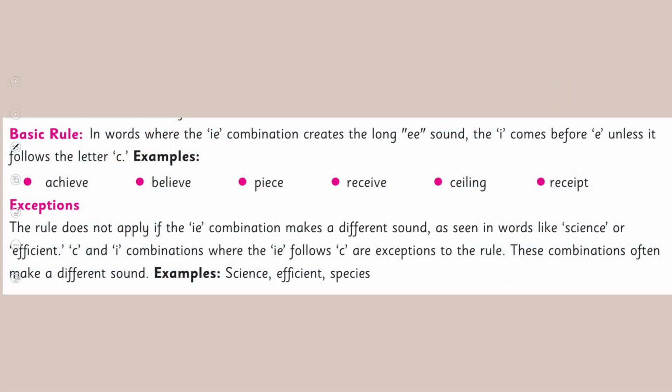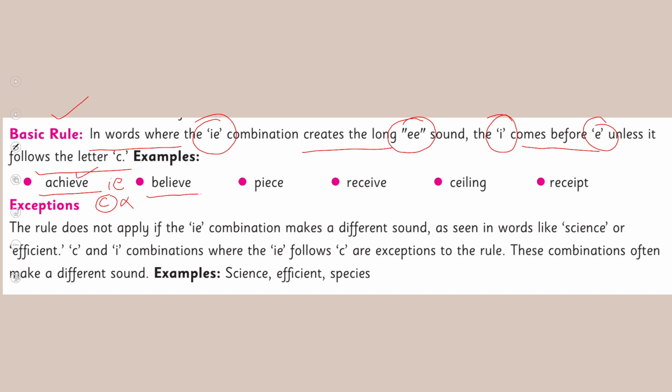So here you can see that the basic rule is I before E except after C. This is how it works. In words where the IE combination creates the long E sound, the I comes before E unless it follows the letter C. For example, achieve. Yes, we will write IE, not EI, because we don't have any letter C over here.